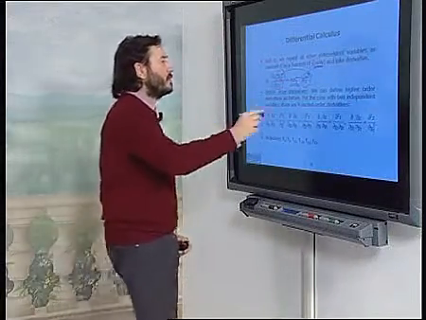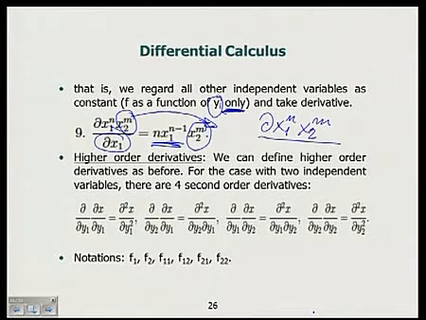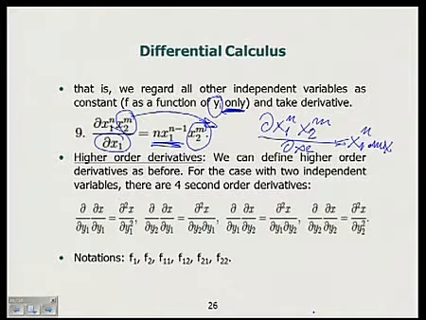And then I can build the partial derivative with respect to the second variable, which is x1 to the n times m times x2 to the m minus 1.